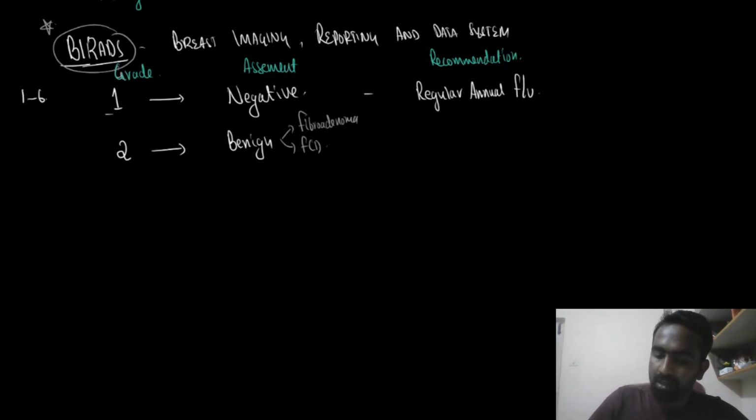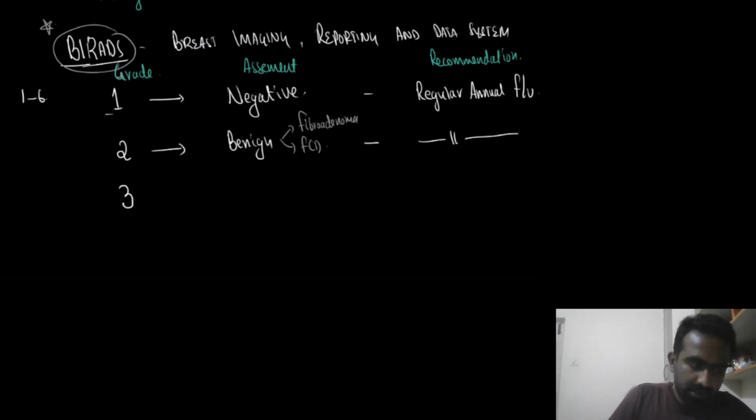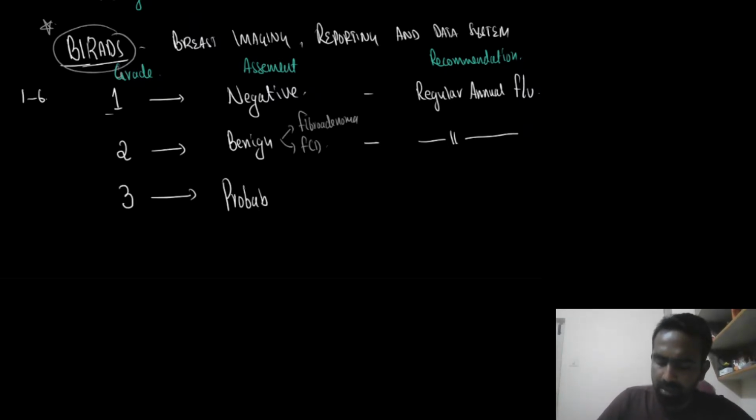If it is benign, there is no need of any intervention. It can be followed up regularly, yearly. If it is grade 3, it is not malignant, it is probably benign.